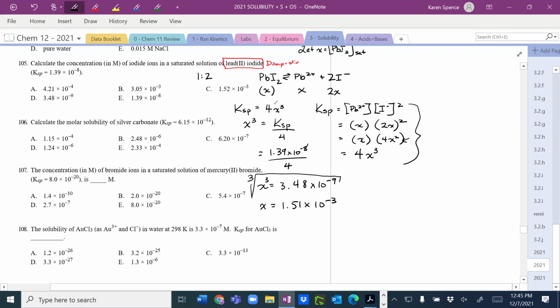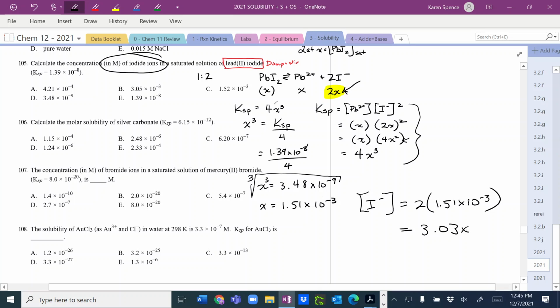We want to know the concentration of iodide ions, and the concentration of iodide ions is 2x. So the concentration of iodide is equal to 2 times 1.51 times 10 to the minus 3, which is 3.03 times 10 to the minus 3 molar.